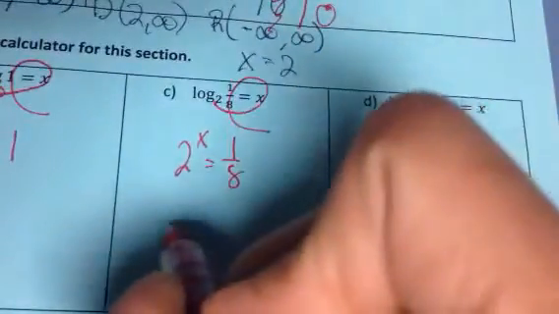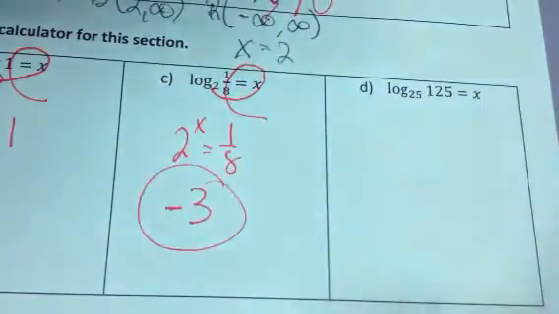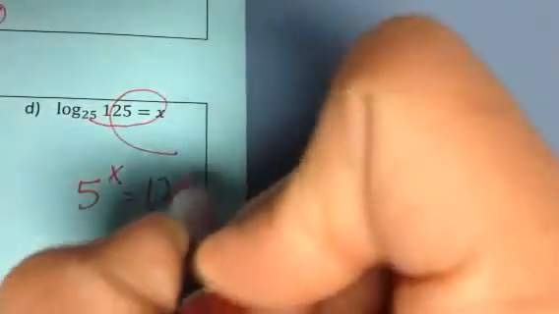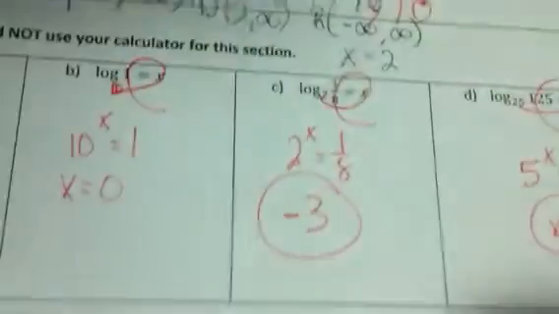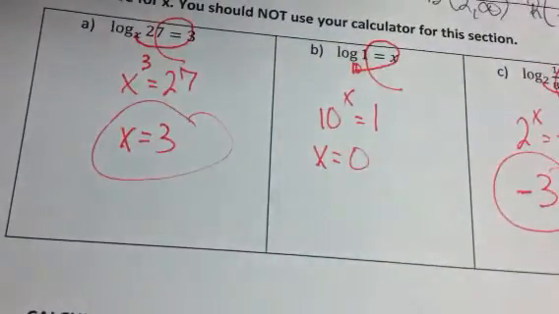The negative will give me the fraction, and 3 gives me 8. So together they give me 1/8. And then on the last one, 5 to the what power gives me 125. The answer is 3. So again, use your exponent table. Don't get confused with multiplication as opposed to using exponents.